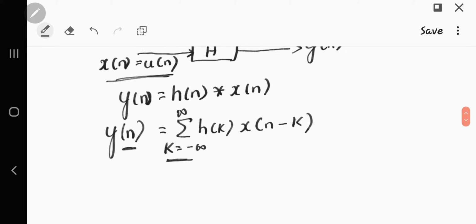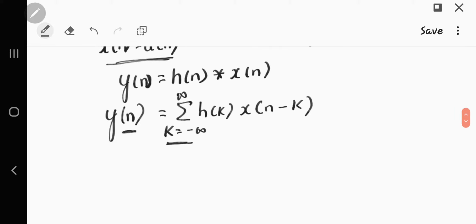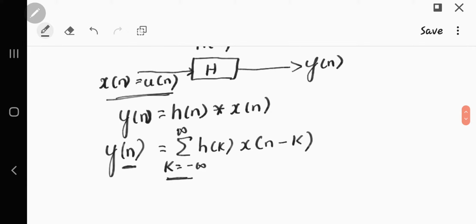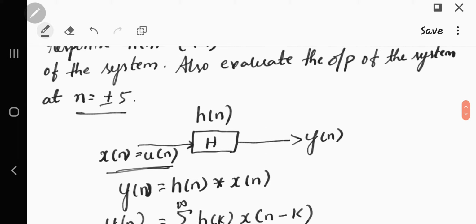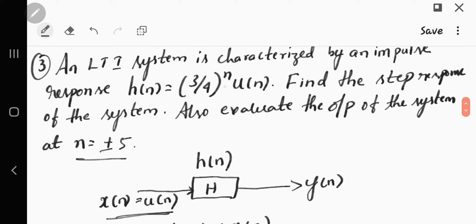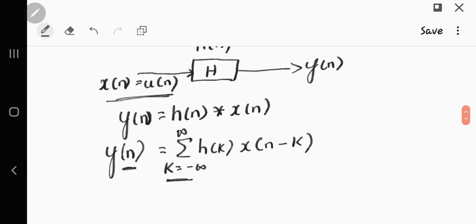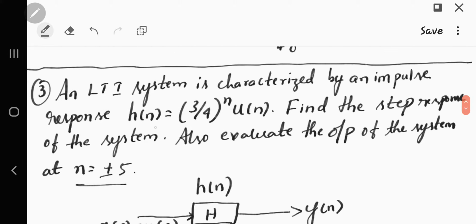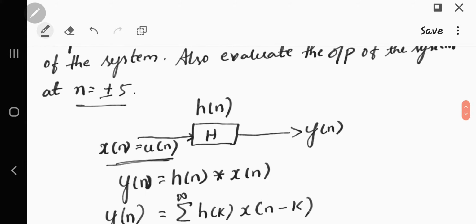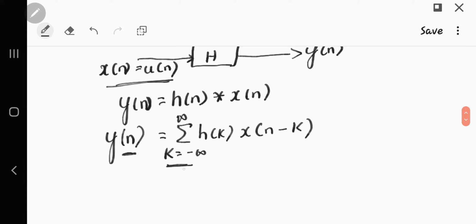Okay. Now just substitute the values of h of k and x of n minus k. So x of n is equal to u of n and h of n is equal to (3/4) to the power of n into u of n. Now I want h of k here. So you just replace n with k to get the term, expressing it in terms of k here.